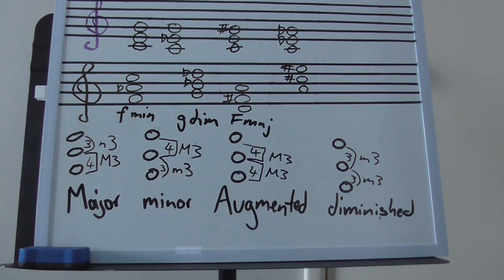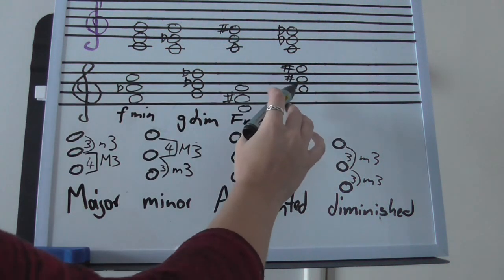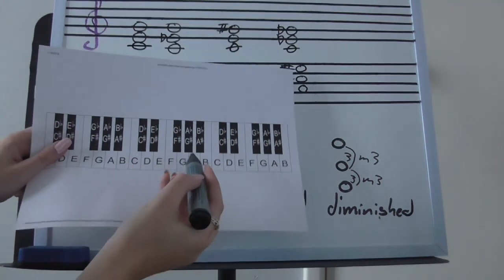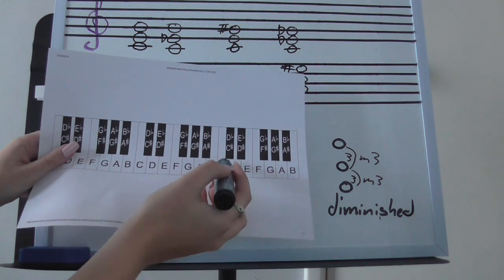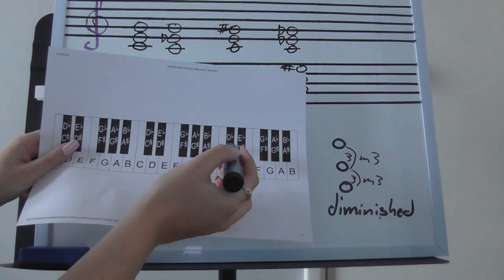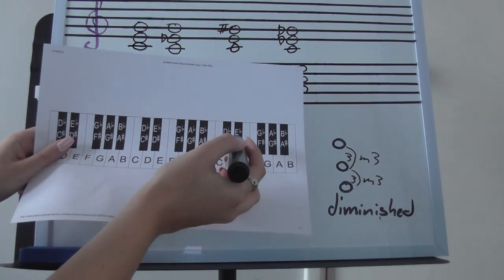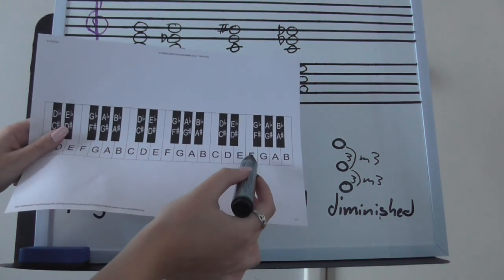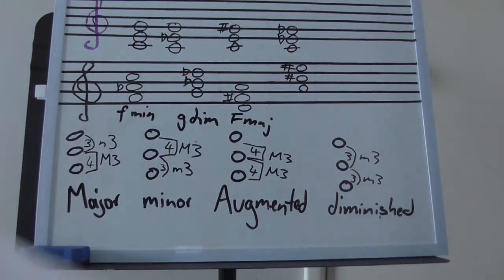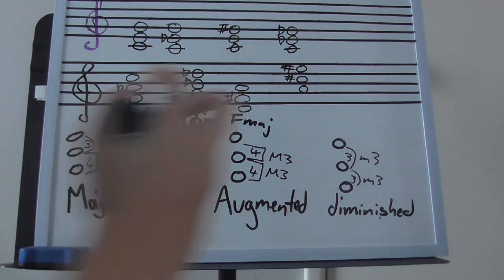Our last one starts on A, so we know it's some sort of A triad. Starting on A to C sharp, 1, 2, 3, 4, and then we've got an E sharp, 1, 2, 3, and E sharp is actually the same as an F, so that's 4.